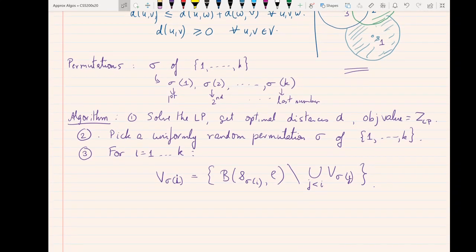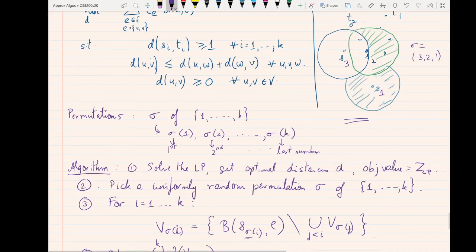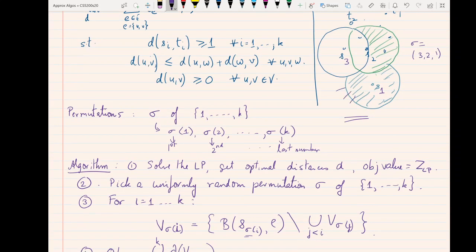And finally, of course, each of these V sigma i's is an isolating cut around S sigma of i, and so you will output the union of the boundaries. All the edges that are crossing out will fall in your final multicut.